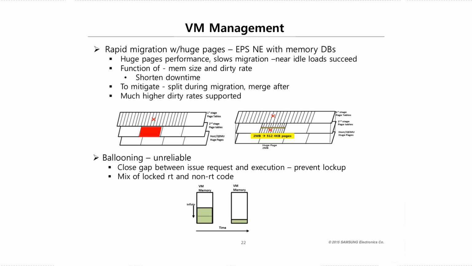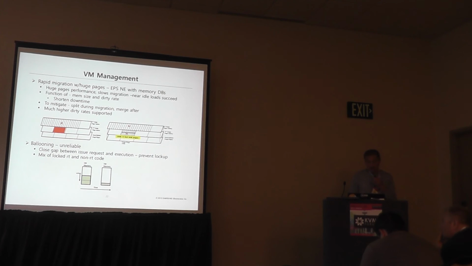VM management operations. A lot of work has been done on that on ARM. What we do when we migrate is essentially break up huge pages into small pages, and that allows us to migrate very quickly from one machine to another. Then as soon as we get to the destination, we coalesce and we get the performance back.